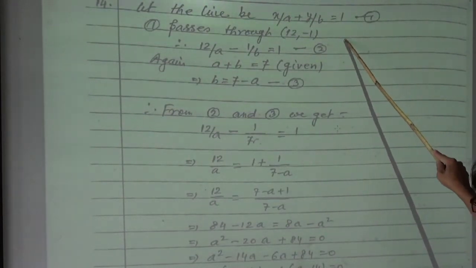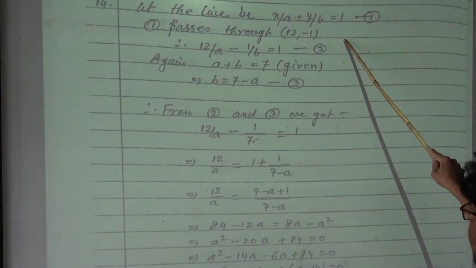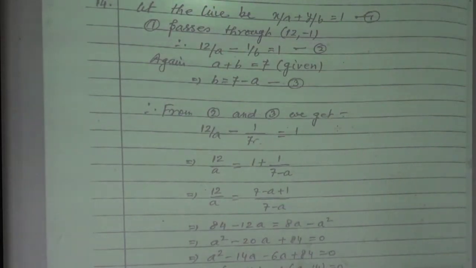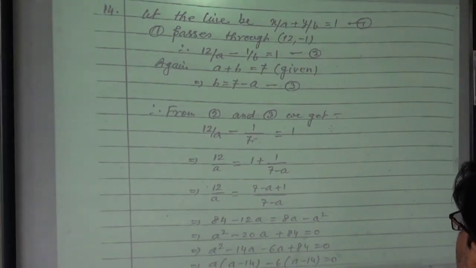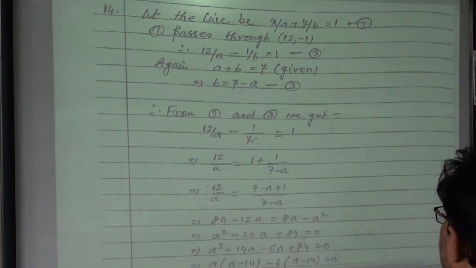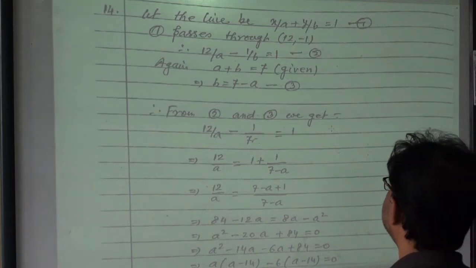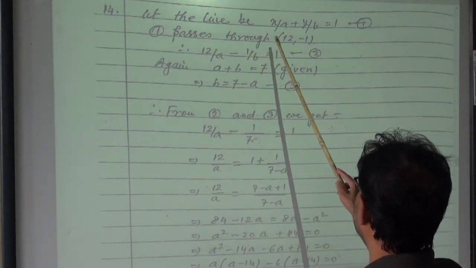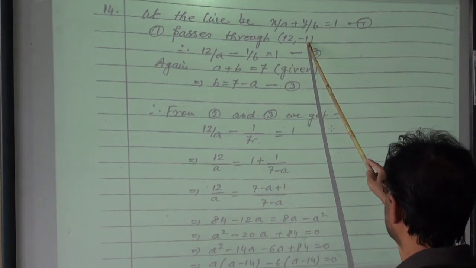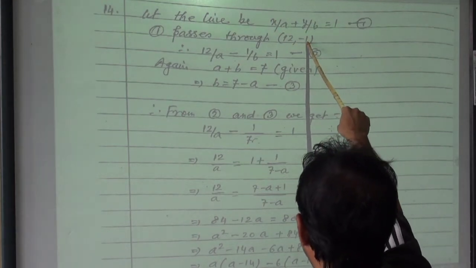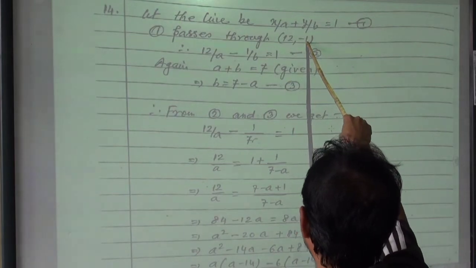In this question, it is asked you have to find out the line which is passing through the point (12, minus 1) and the sum of the intercepts made by the line is 7.